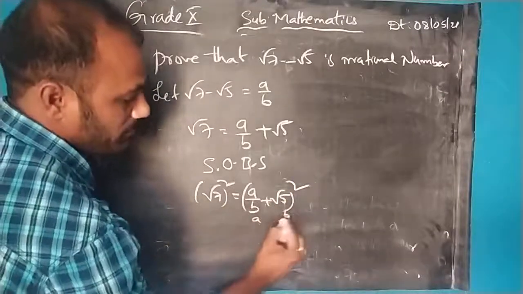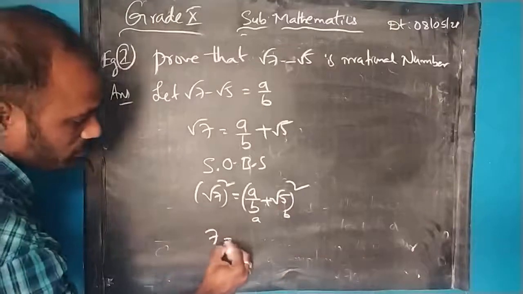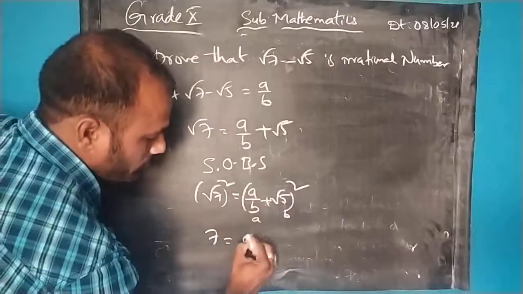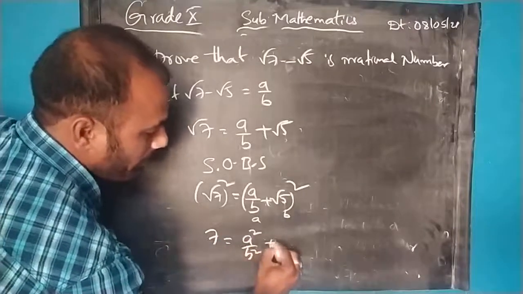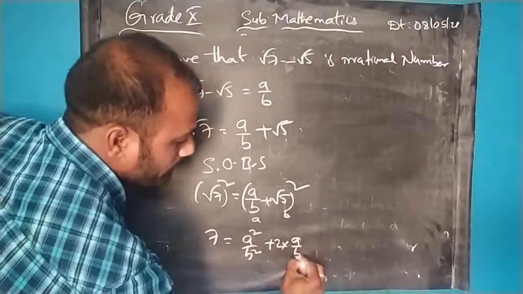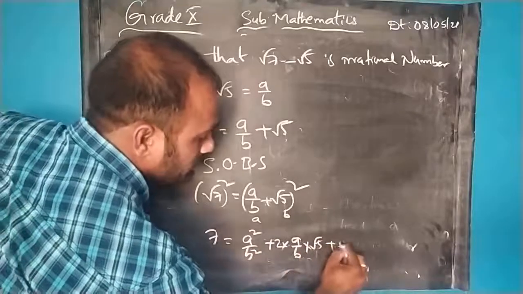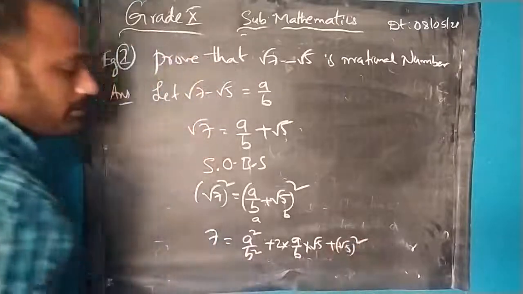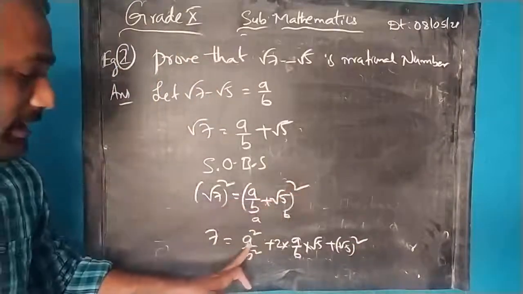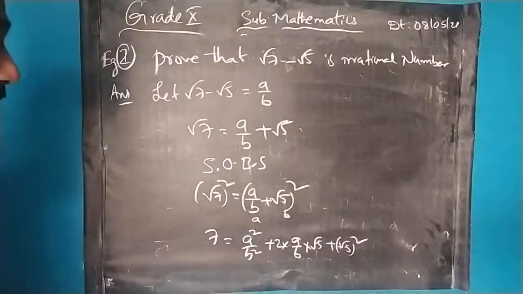This is a, this is b. So root 7 whole square is normal 7. That is a square by b square plus 2ab plus b square. So a plus b whole square can be written as a square plus 2ab plus b square.